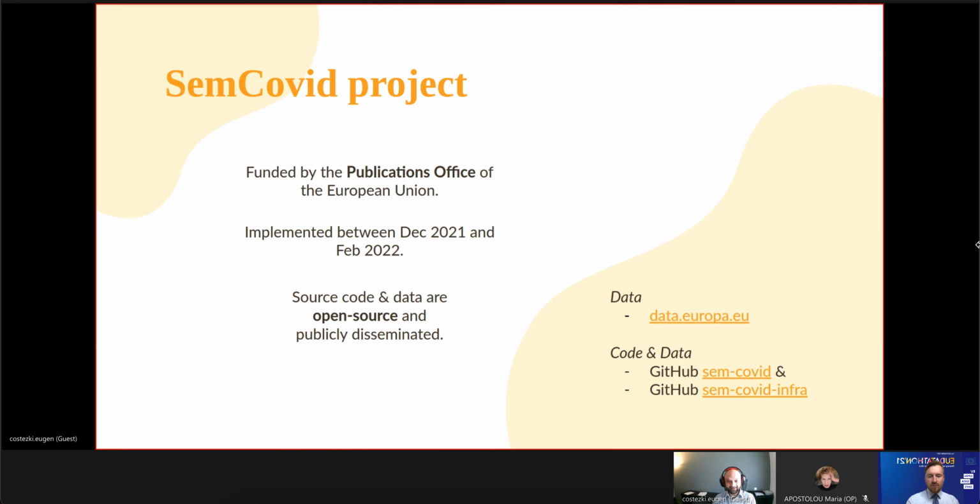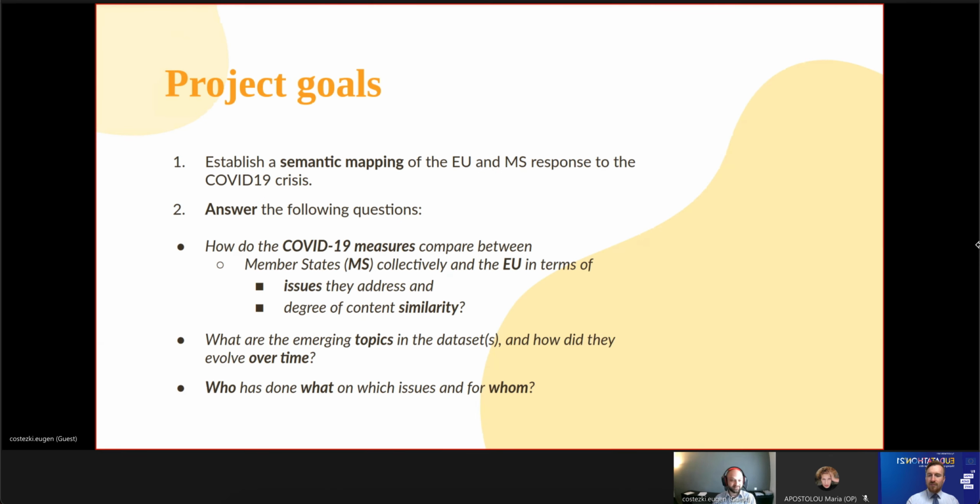And what those tasks are, you will ask. Well, it's visible here. Basically, the goal of the SEM-COVID project is to establish this semantic mapping between the EU and member state responses to the COVID-19 crisis. More specifically, there are several questions that are important to answer.